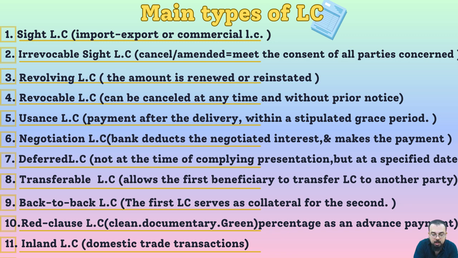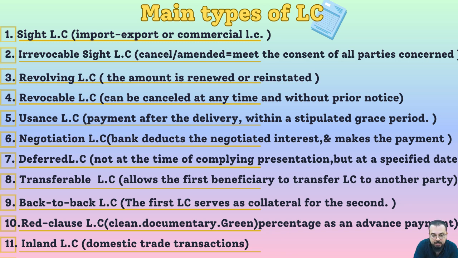It's exactly the opposite of irrevocable, and it's not safe for beneficiaries. So we learned the sight meaning, irrevocable, revocable and revolving.